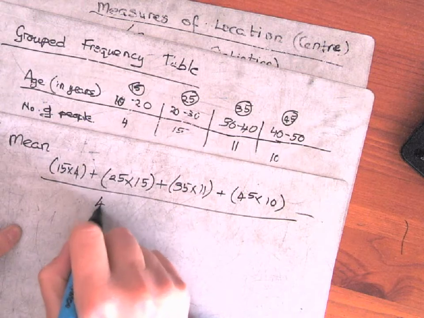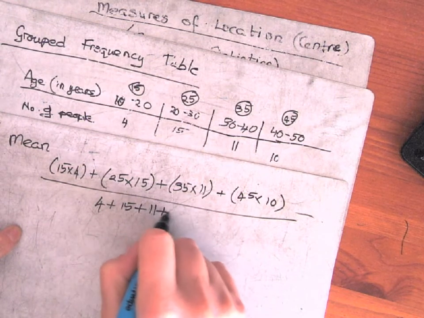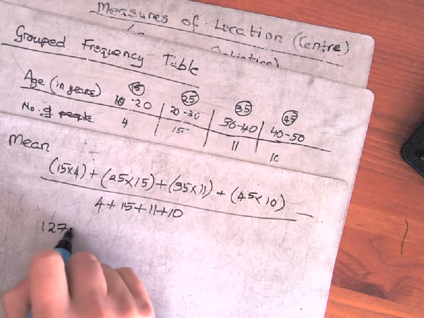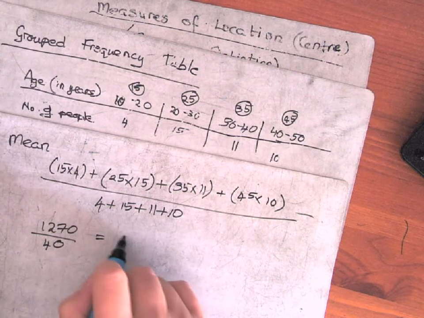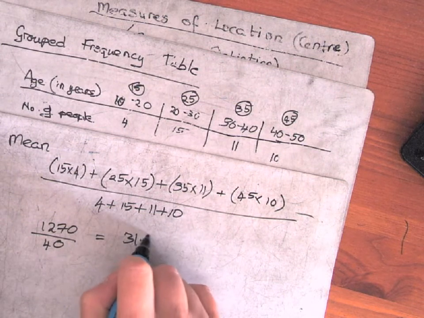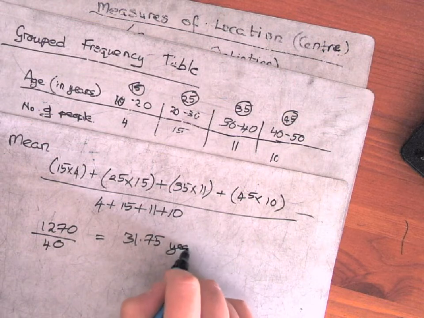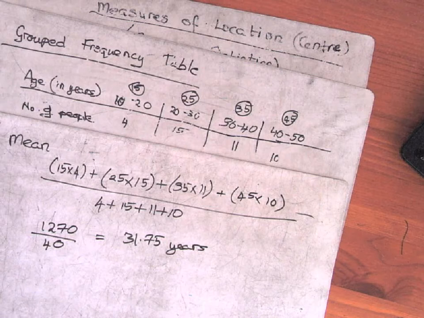So that's 4 plus 15 plus 11 plus 10. Put that into the calculator and you'll get 1270 divided by 40, which is 31.75. So the average age was 31.75 years. That's the mean, the median and the mode from a list, a frequency table and a grouped frequency table.